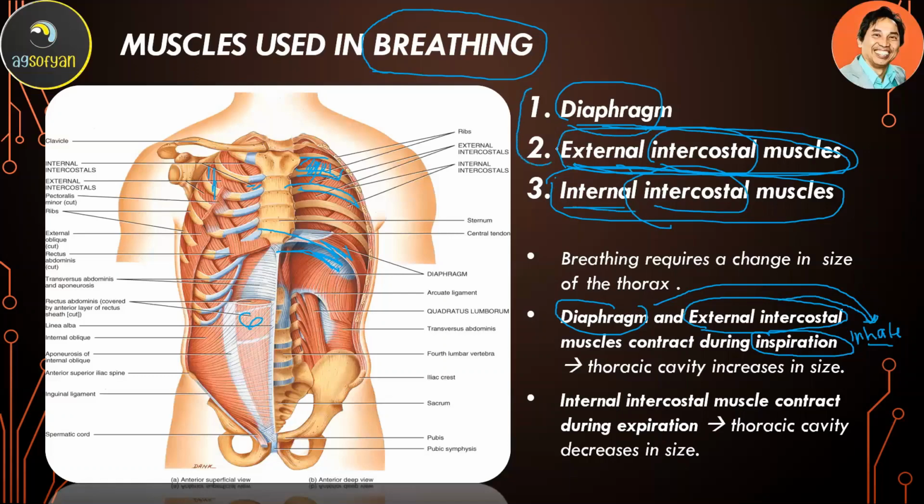These two muscles are synergistic. They work together in the same direction. Number 3 over here, when we compare it with numbers 1 and 2, is going to be antagonistic.